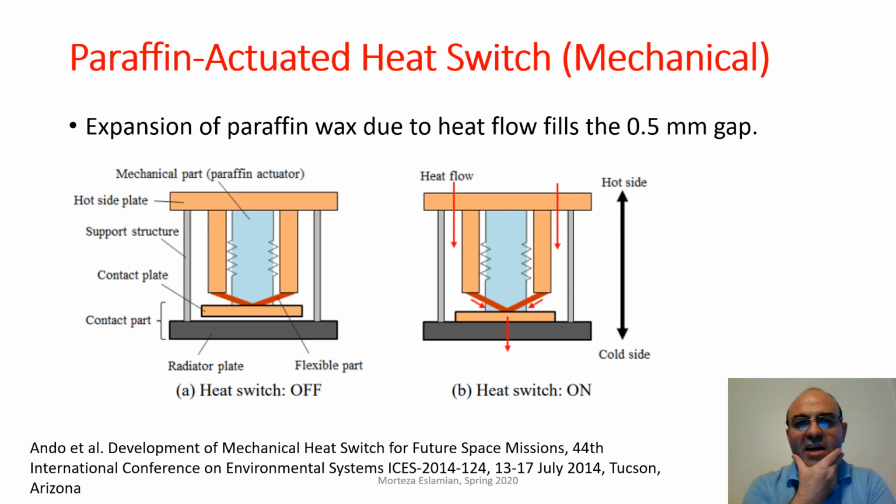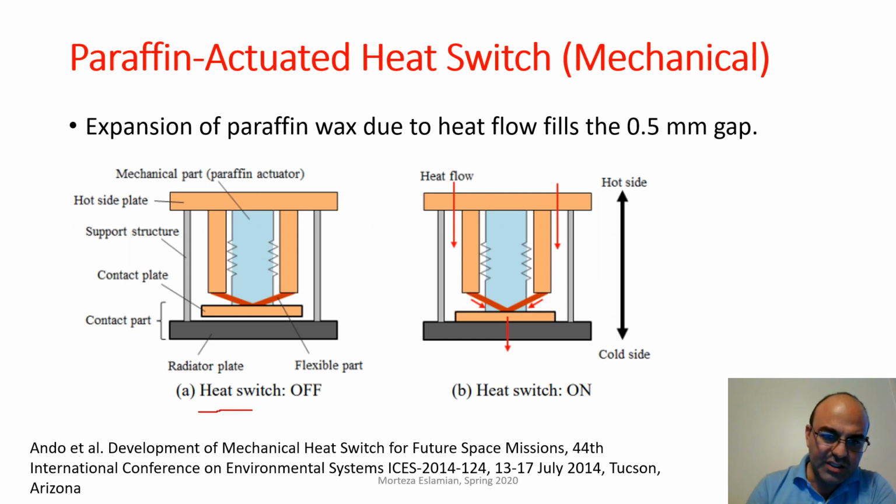All right, so here let's see the structure and configuration of a paraffin actuated heat switch, the actuation by mechanical means. Here we see A is when the heat switch is off.